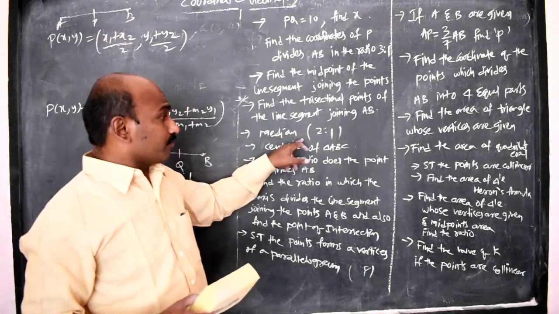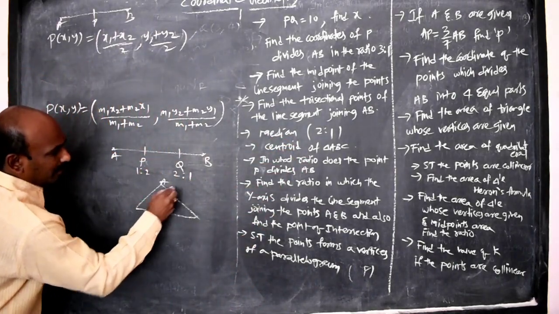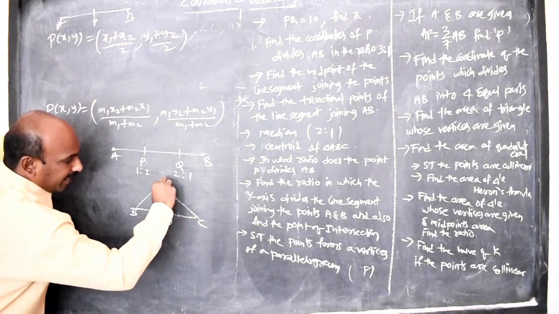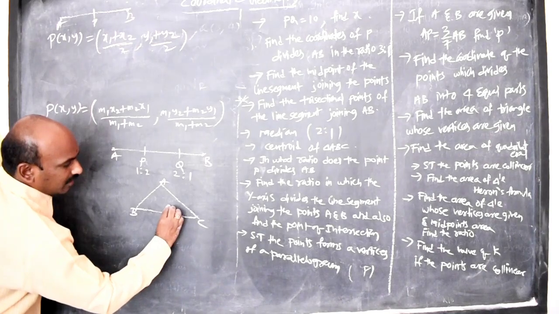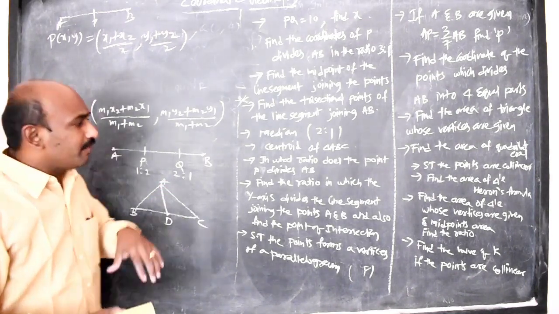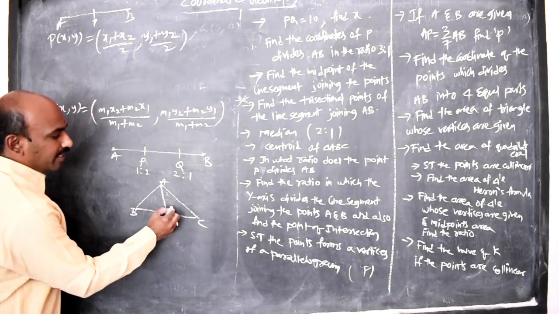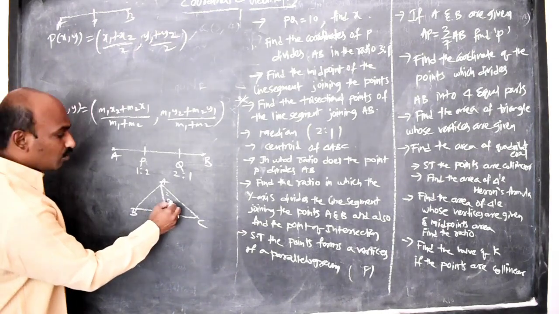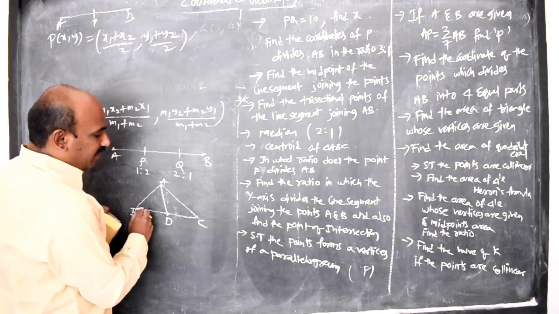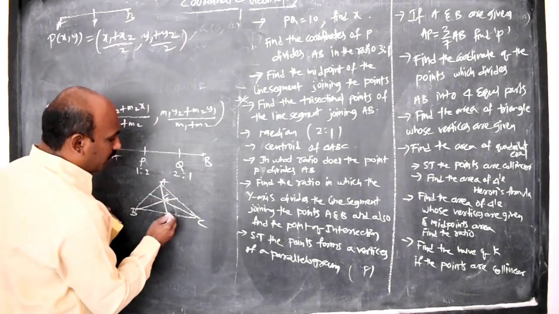Next, the median. A median is nothing but, in a triangle, the line segment joining the midpoint of one side of the triangle to the opposite vertex. This AD is a median. The centroid of a triangle is the intersection of the 3 medians, and the centroid divides each median in the ratio 2:1.